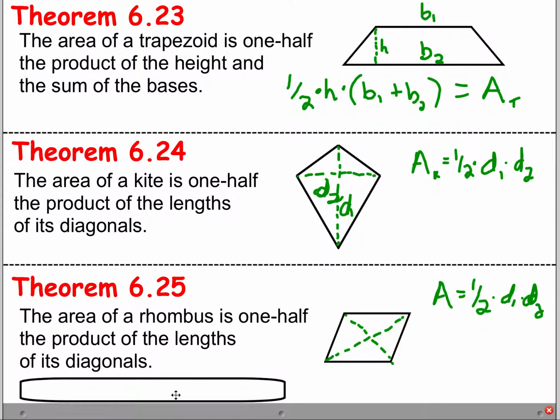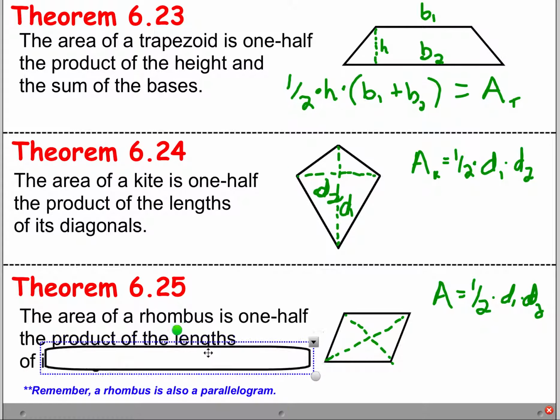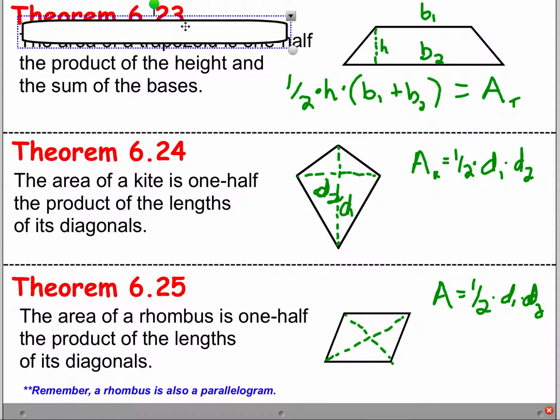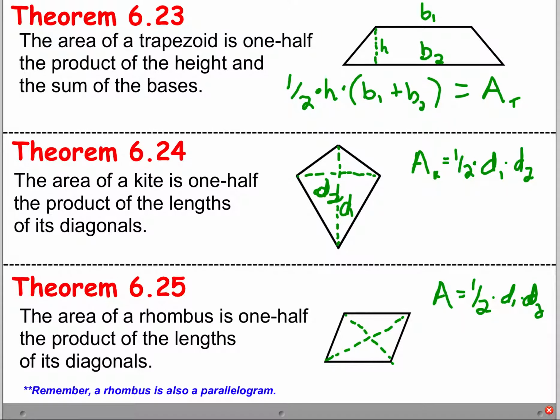Okay? Not too complicated. But remember, a rhombus is also a parallelogram, which means, if you remember, the area of a parallelogram is base times height. So if it's easier for me to use base times height, I can find the area of a rhombus using either of these formulas.